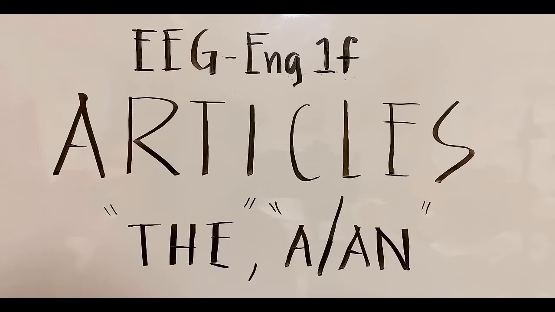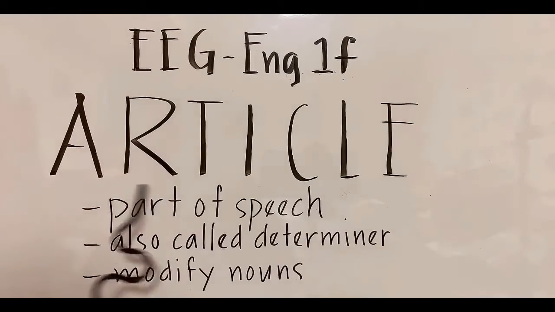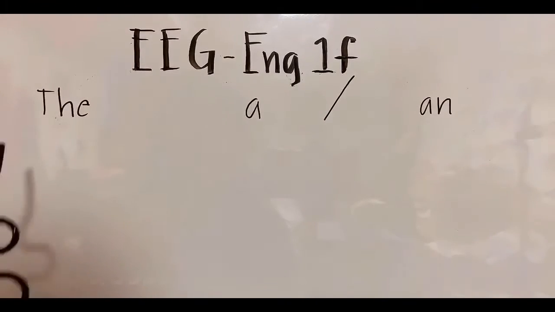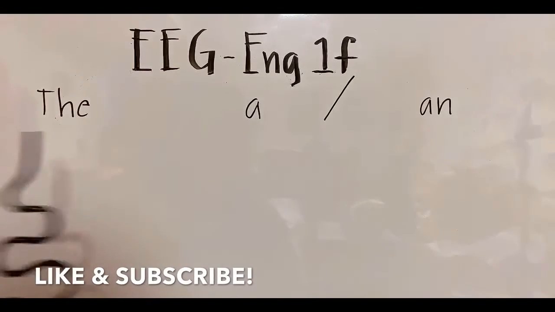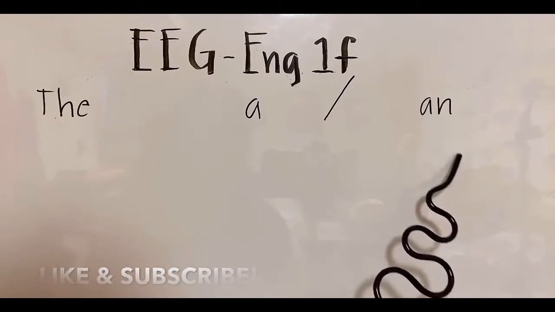In this video is a lesson about articles: the, a, or an. Coming up. So what is an article? It is that part of speech that is also called a determiner, which modifies nouns. And they are the, and a or an.